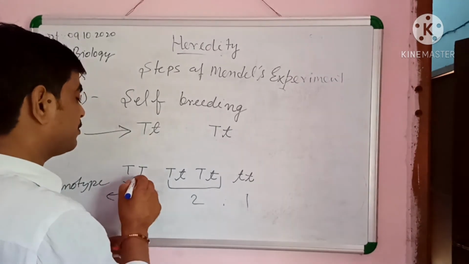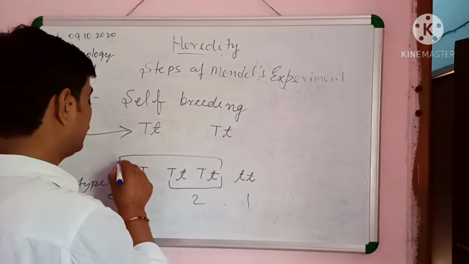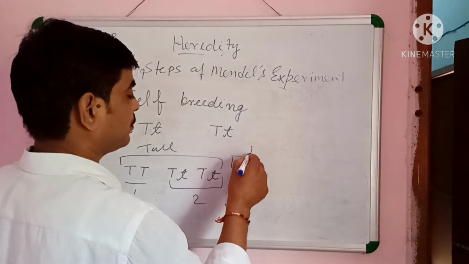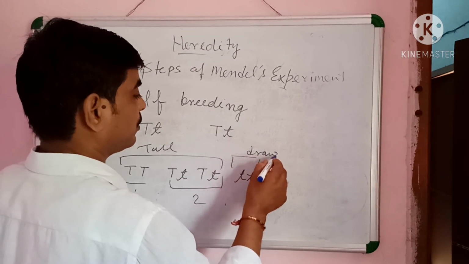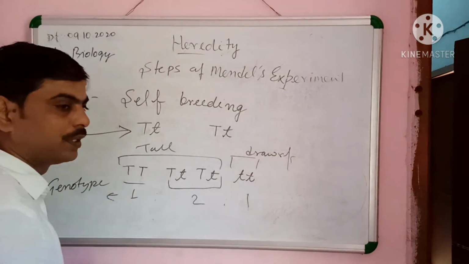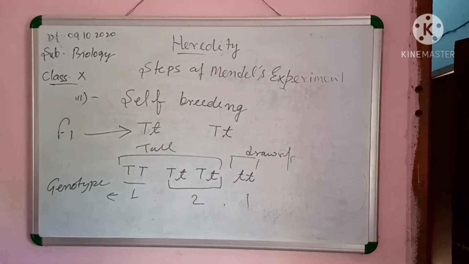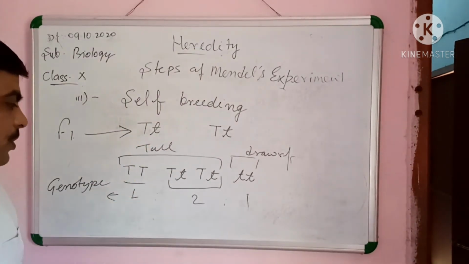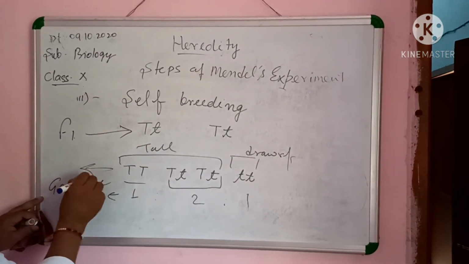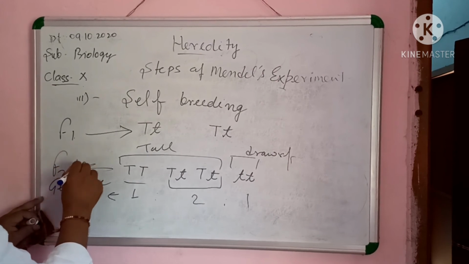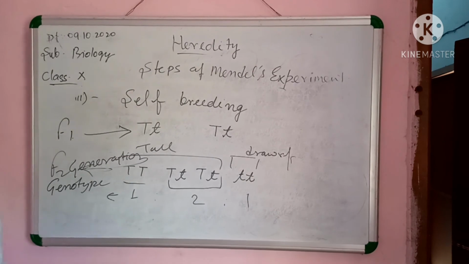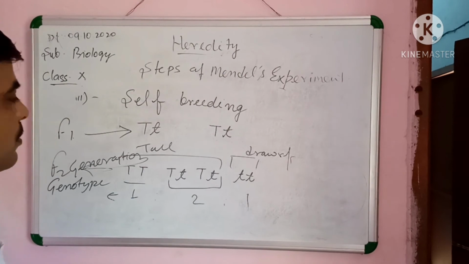And phenotype, these 3 are tall and 1 is dwarf. In this way, this is the self-breeding to produce the F2 generation, the second filial generation. So these are the steps in Mendel's experiment.